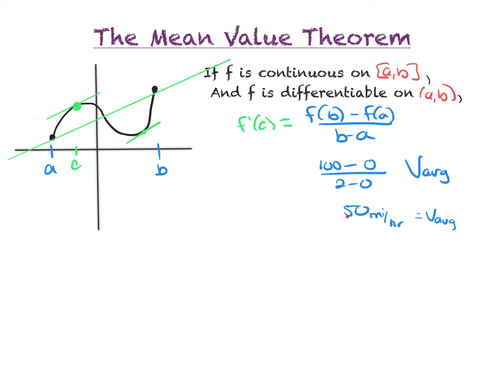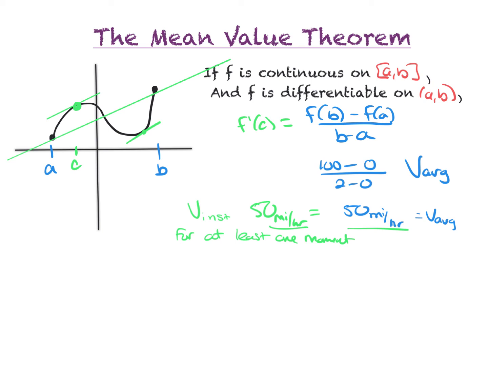So at least one point during my journey, I had to have been going 50 miles an hour for at least one moment. So my instantaneous velocity for at least one moment had to somewhere have been equal to the average velocity.